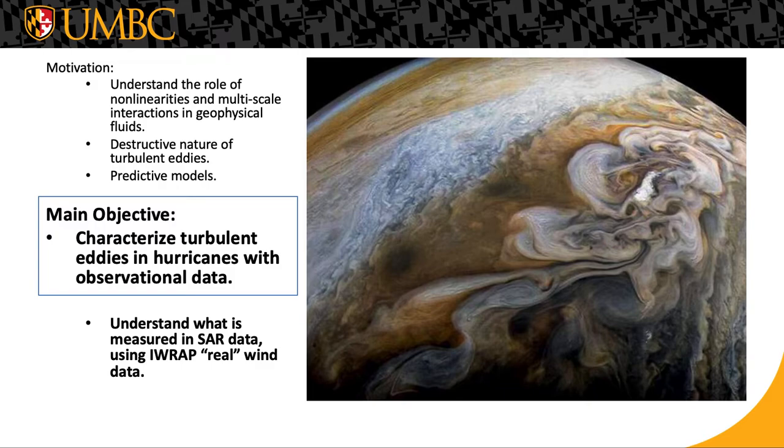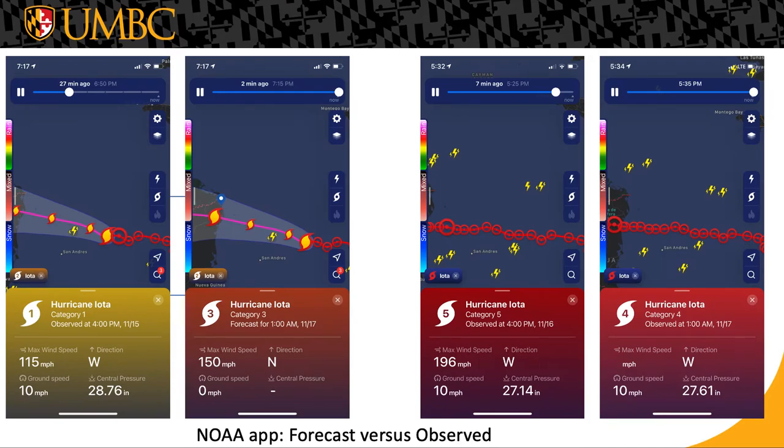So this leads to the prediction value of the trajectory versus intensification, which leads to this, my handy-dandy NOAA app. I screenshotted these this past hurricane season on my NOAA app of forecasted versus observed data here. So, for example, the hurricanes Eta and Iota were intense storms that hit Central America earlier this past season.